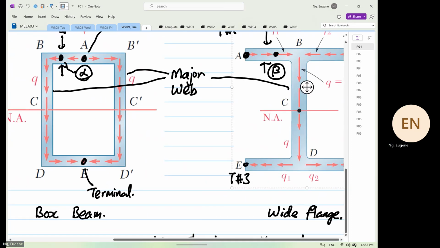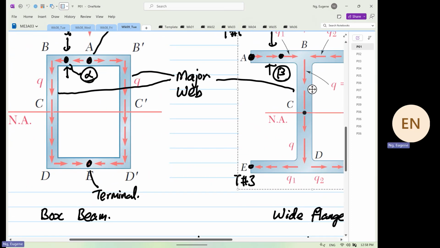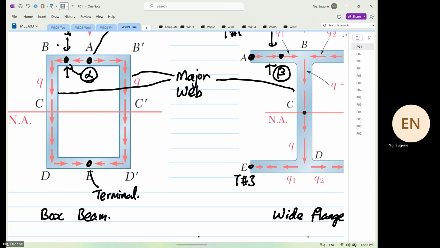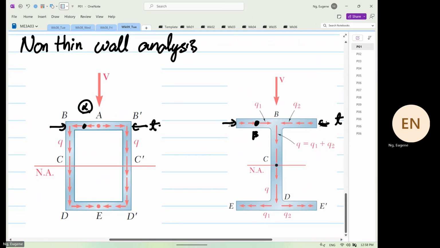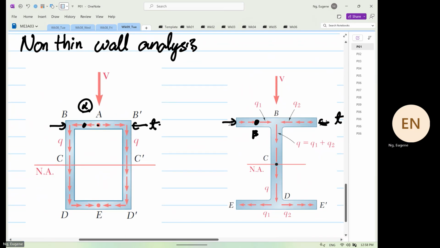Let's say we use non-thin wall. You want to find the shear stress at point A for non-thin wall. What area do you take? You take this whole area, because in non-thin wall, the shear flow is just going from the top to the bottom. There's no left and no right.